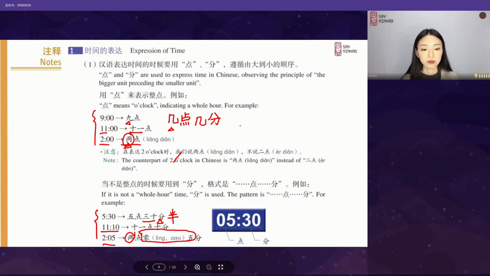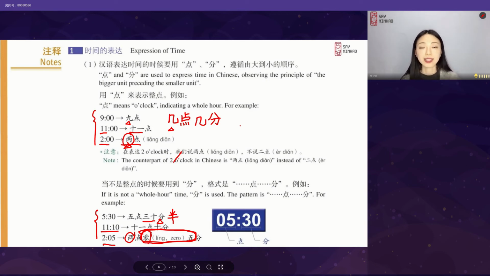So when the part before 分 is just 1 character, then we will put 0 before it, okay? When it is not bigger than 10, then we will put 0 before it.